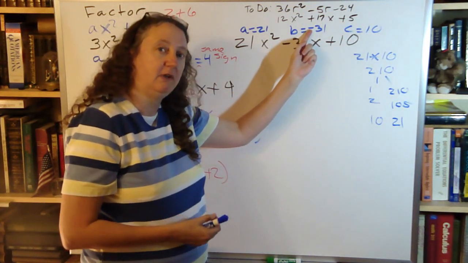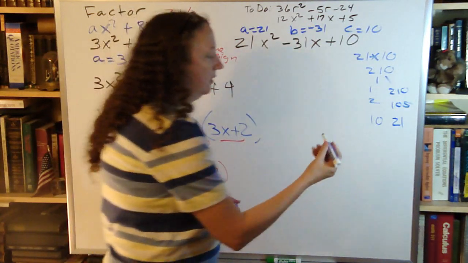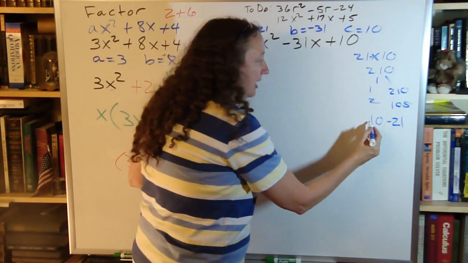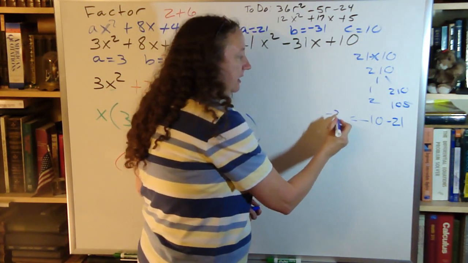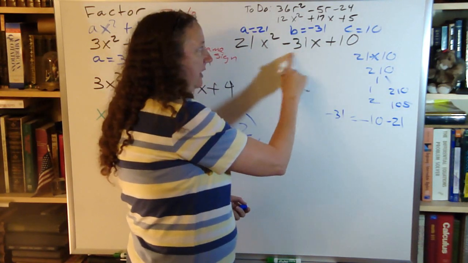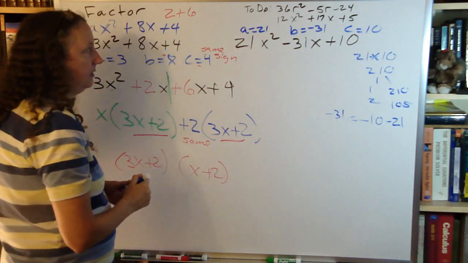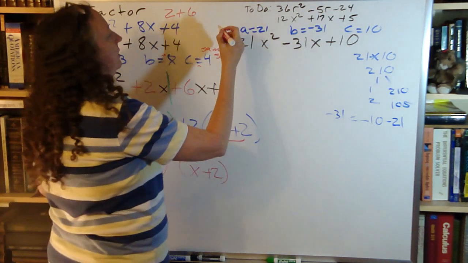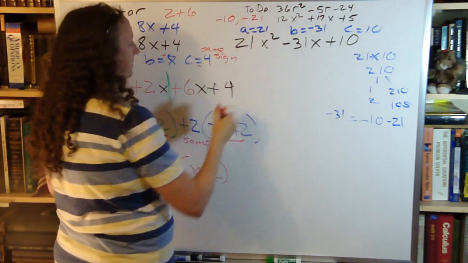B is negative, larger number is negative. So I know that the 21 is negative, they're both the same sign, so that's negative also. Add that together, I get negative 31. And that is the right number there. So now I know what numbers I'm using. Using negative 10 and negative 21.